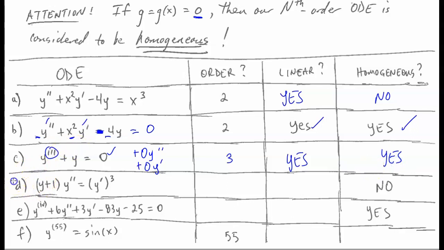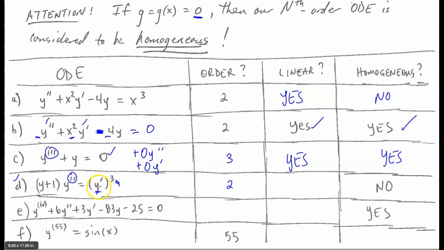All right, so for this next one here, we see that the highest derivative in any term is a 2, okay? Now, if you were thinking that it was 3, that's not true. This is the first derivative raised to the third power, okay? That's very different than having the third derivative, okay? So the highest order is a 2 here.